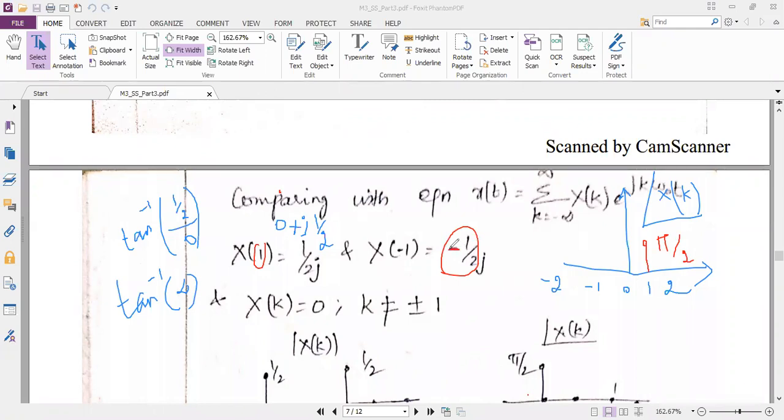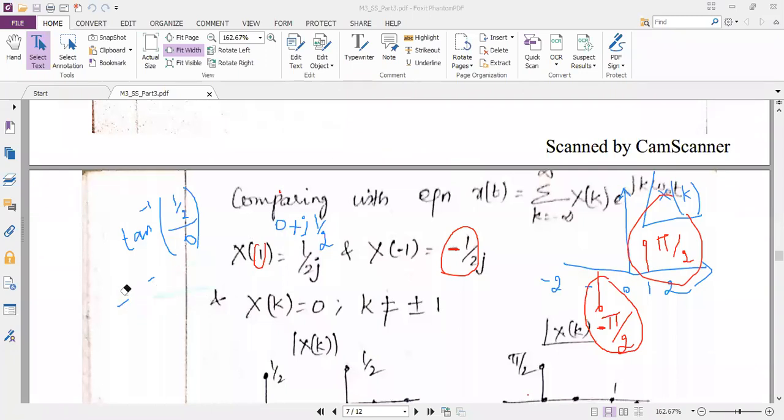But since we have a minus sign here, I will mark at minus 1 the angle as 90 degrees like this. Because of the minus sign, the quadrant will be different. You won't get it in this first quadrant, so you will have the answer here. Ma'am, it's minus pi by 2. Minus pi by 2. Okay, very good. Minus pi by 2.